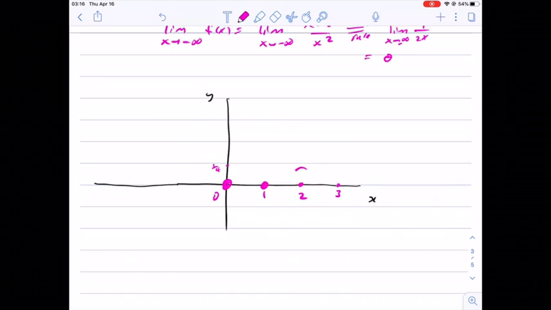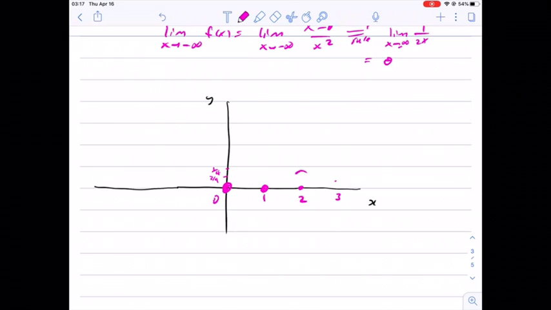The maximum is 1/4. And at 3 we have an inflection point at 2/9. So here we have the inflection point. So we can connect the graph this way.